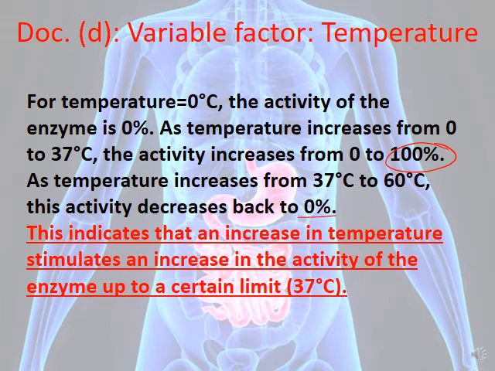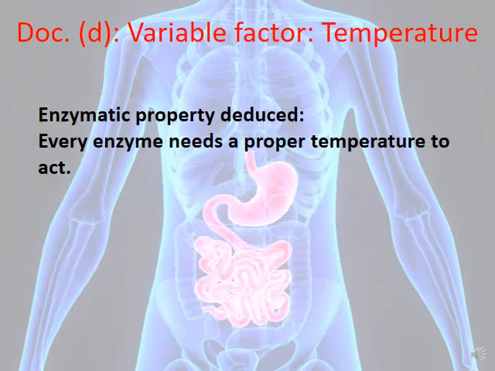This indicates that an increase in temperature stimulates an increase in the activity of the enzyme up to a certain limit, which is 37 degrees Celsius. So here we deduce the enzymatic property that every enzyme needs a proper temperature to act, the best temperature being 37 degrees Celsius.